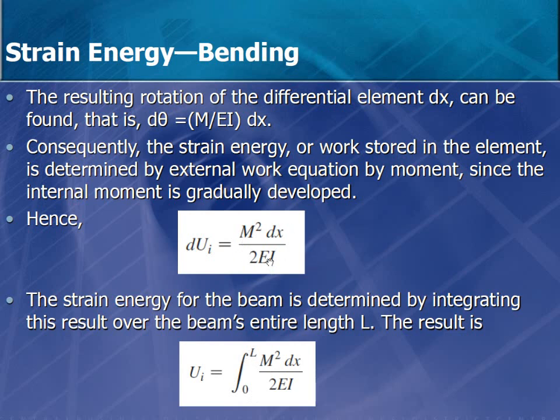Now in the same manner, this is what we know from the mechanics of material, that d theta can be related to the moment, so M over EI dx. And then if I want to find the total energy, this is just for one element that we take.